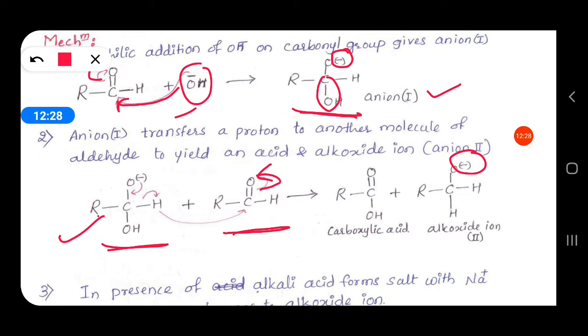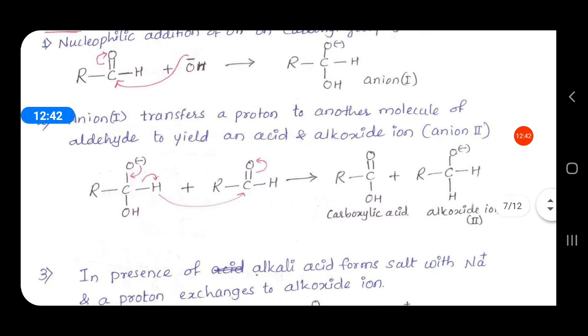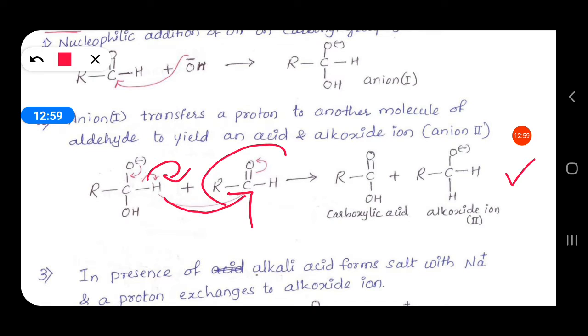From this anion, the negative charge on oxygen is given to the carbon oxygen bond, so C double bond O is formed. At the same time, it gives that hydrogen. The CH bond electrons are given to hydrogen so that this H minus attacks the C plus, forming an alkoxide ion. This aldehyde is converted into alkoxide ion and anion 1 is converted into carboxylic acid.